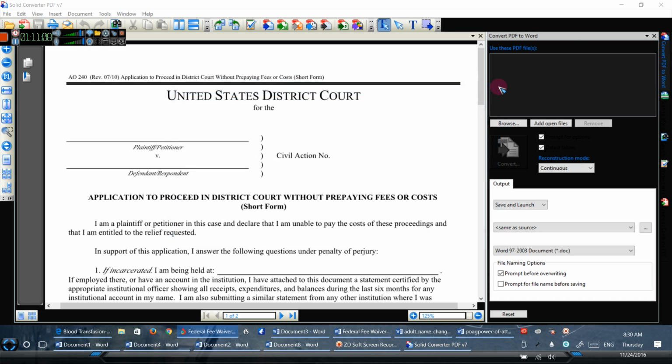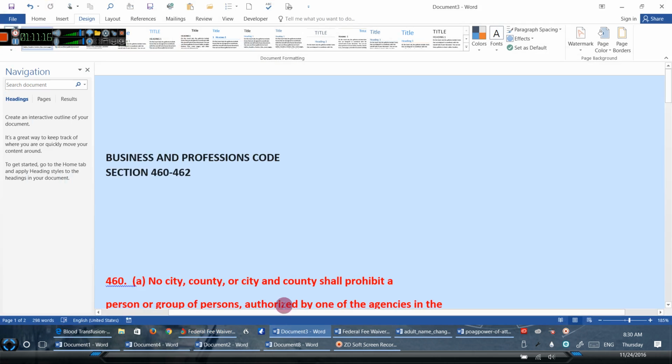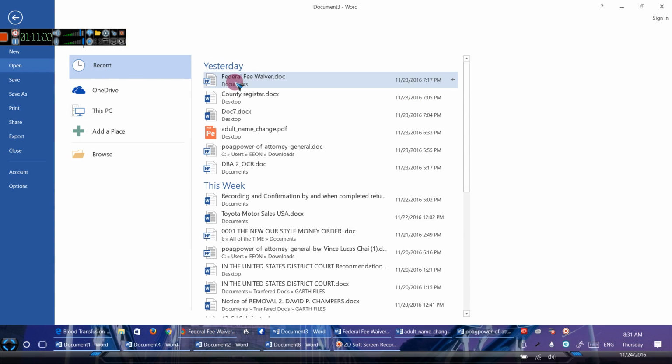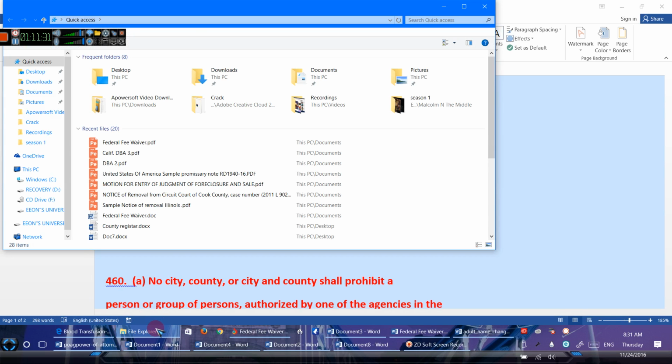So we're going to close out Solid PDF because it already converted it to Word. Okay, so we're going to open up this one. And then I'm going to go here. I'm going to try one more time. If not, I'll open it up from document. We're going to open up fee waiver. And because it didn't open up, it's still doing something, because that's why I can't click on this right away. It's still processing it. I don't want that fee waiver. I want this fee waiver.